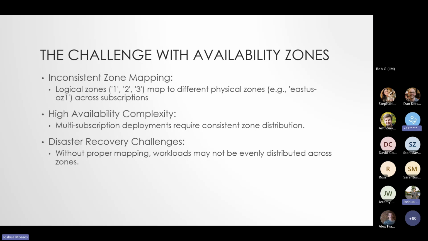So physical zones will differ for East US AZ1 across different subscriptions. And this leads to a lot of complexity. With multi-sub deployments, it requires a lot of consistent zone distribution. And without proper mapping, workloads may not be evenly distributed across zones, and this can also lead to scalability issues. So this is the challenge that we're trying to resolve here with the availability zone functions.